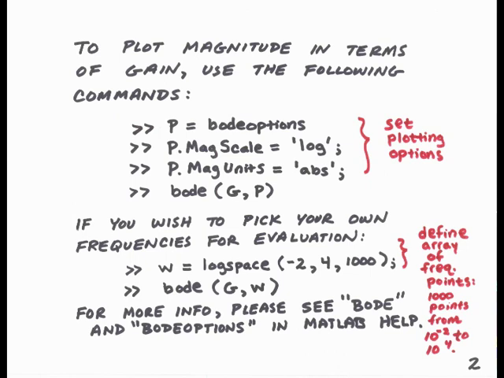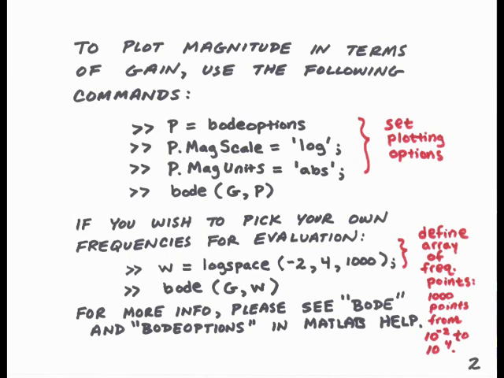Now when you type bode, it will automatically pick which frequencies it will draw the magnitude and phase plots for. But if you want to use your own frequencies or some particular frequency range of interest to you, or you want to have more points around some particular frequency of interest, you can define your own frequencies. The easiest way to do this is to use the logspace command, and so here I've got an example. w = logspace(-2, 4, 1000).